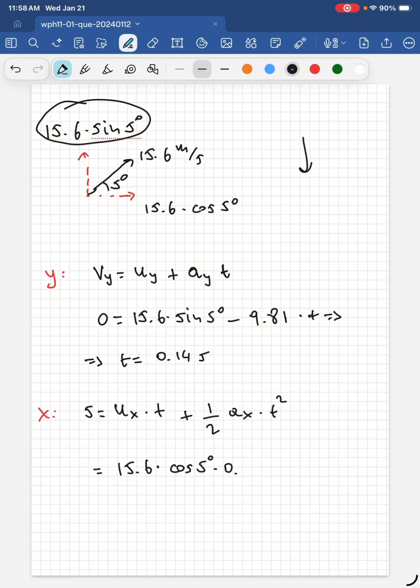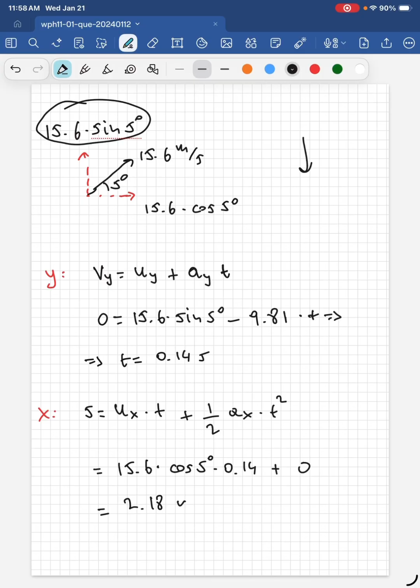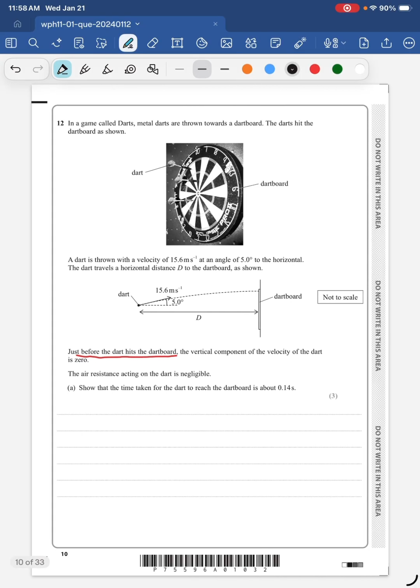Okay, what's time? 0.14, plus what's the acceleration in the x direction? Is there an acceleration in the x direction? No. Okay, so that's 0. That's great. We have a cancellation. So we find 2.18 meters. Okay, 2.18 meters.